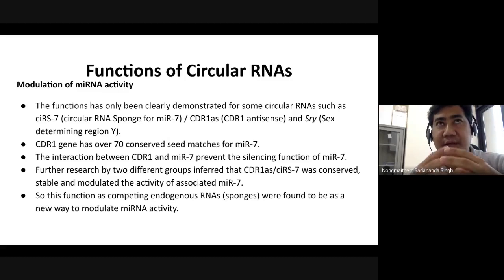So as we talked about, circular RNAs are going to be more stable. So it can act as a target for microRNA, and it can protect the mRNAs which are supposed to be degraded through microRNA 7 in this example.